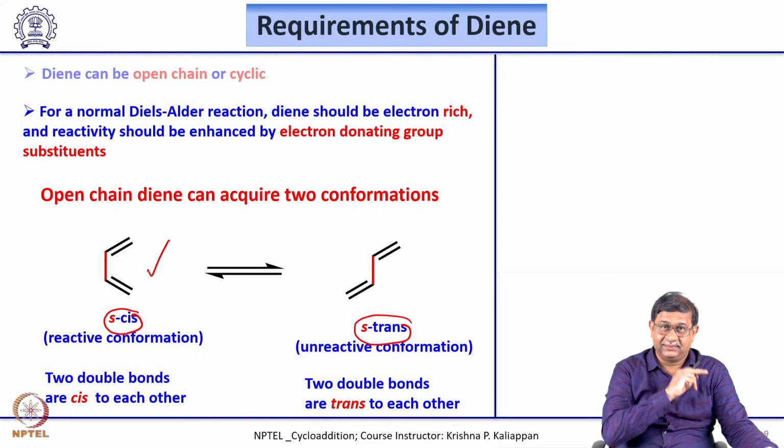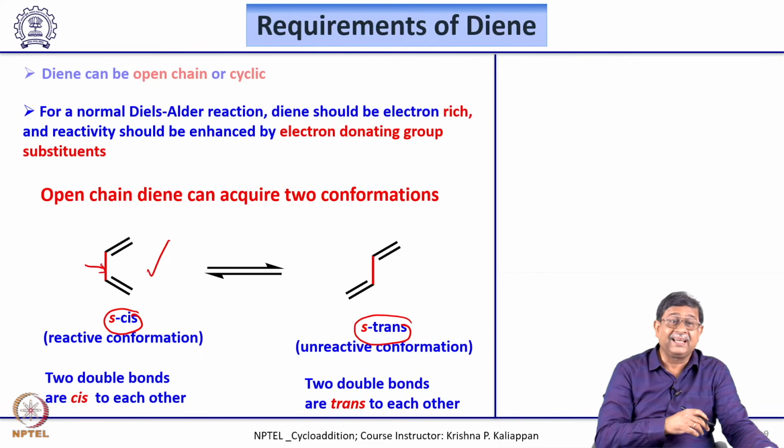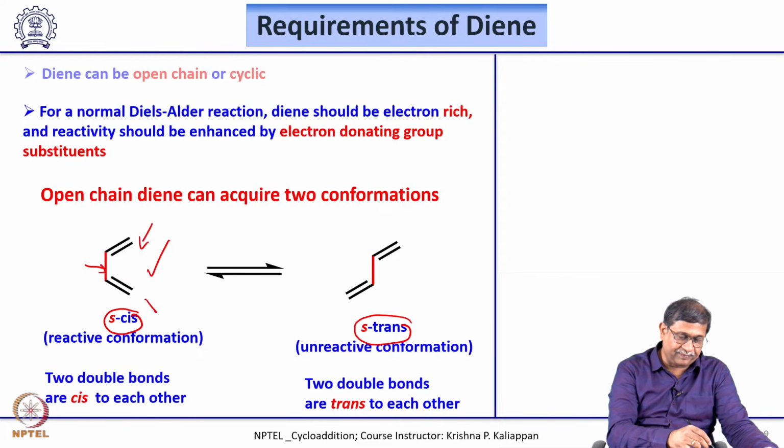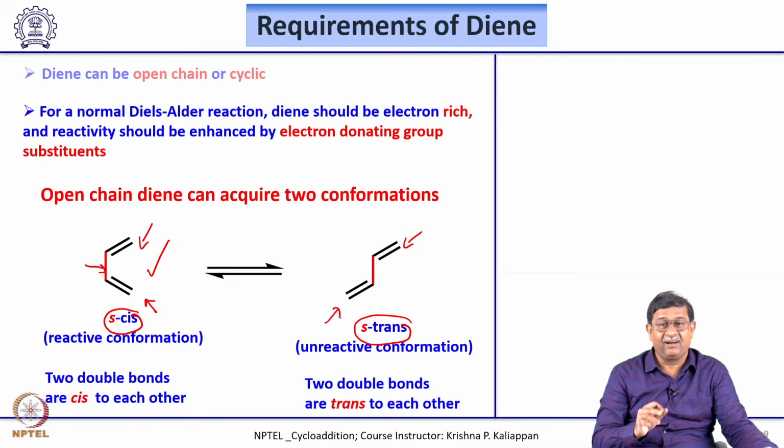Here what is s? s is nothing but this single bond. In the s-cis conformation, the two double bonds are cis with respect to the single bond, whereas here these two double bonds are trans with respect to the single bond. So that's why it's called s-trans.